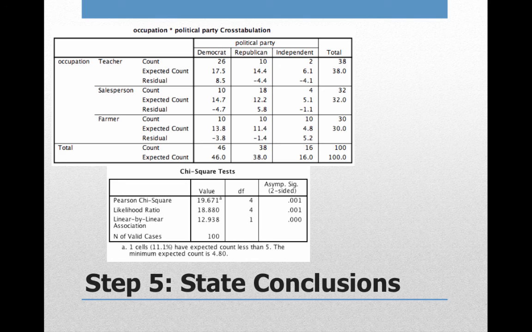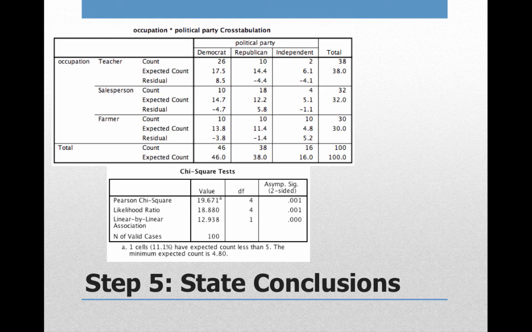So if we compare this p-value to our alpha level, we're going to reject the null, which is the exact same decision that we made when we compared our chi-square test statistic of 19.671 to our critical value of 9.49. So those 2 decisions match up.